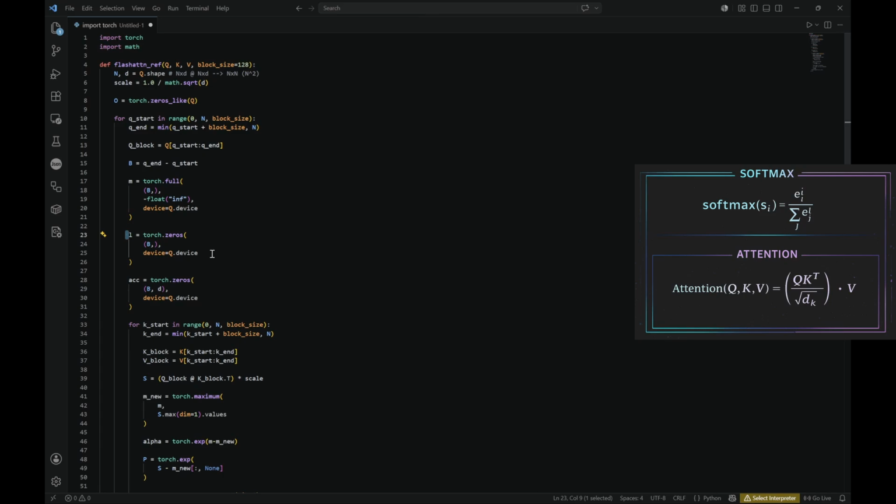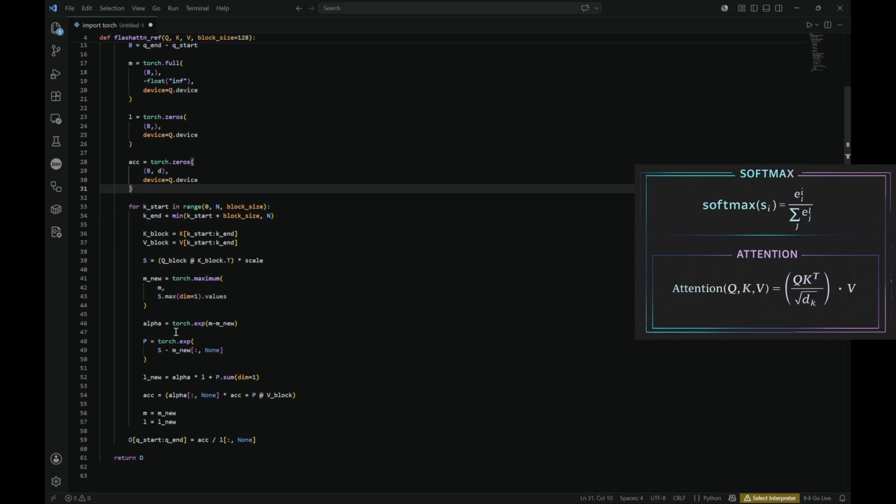If you saw the attention equation, it's a 1D vector that accumulates the sum of the exponentials processed so far. ACC, or the accumulator, essentially holds the weighted sum of the value matrix, the values vector numerators accumulated so far in the query block. It's a bit of a mouthful.